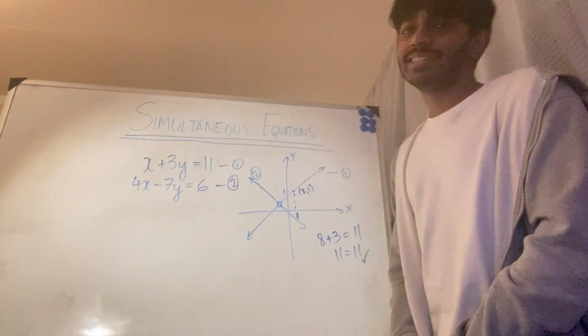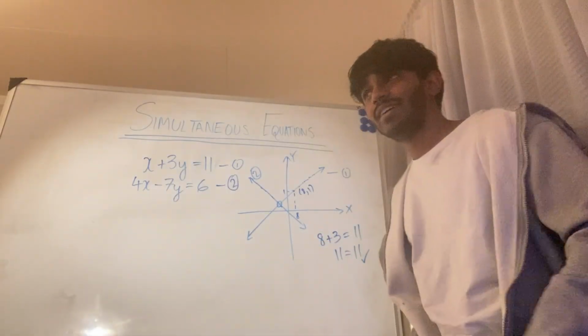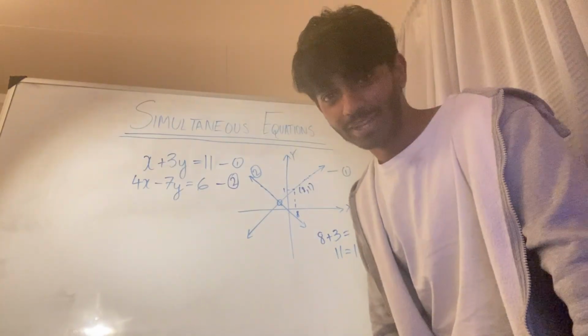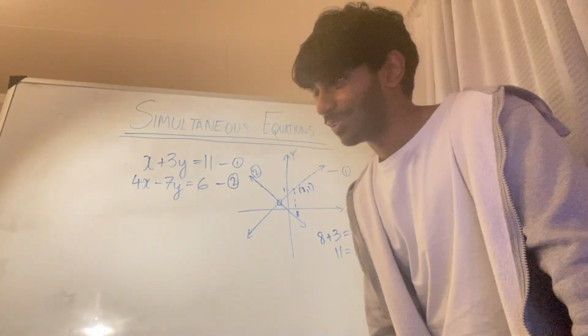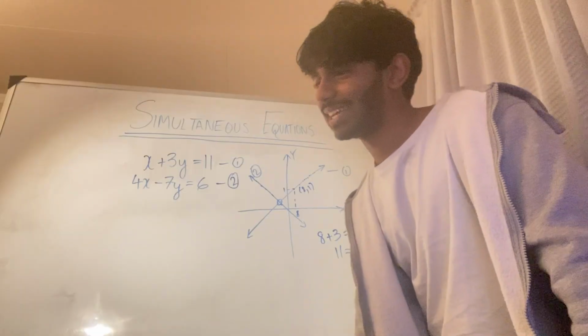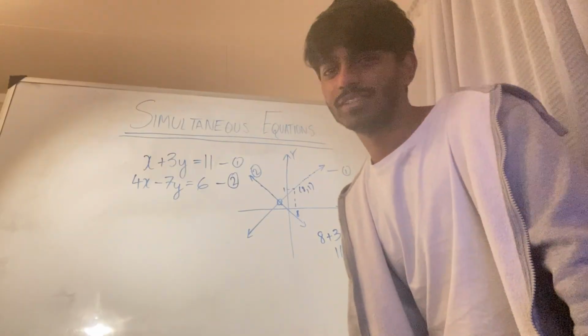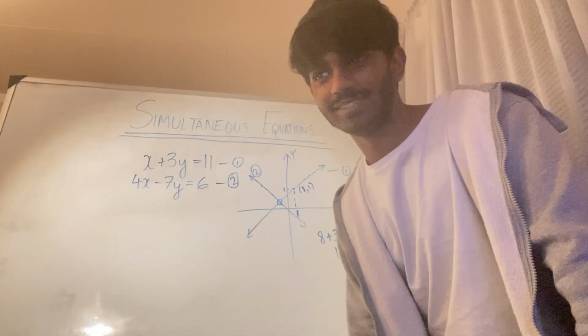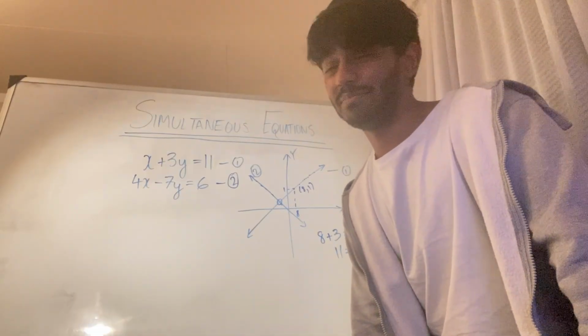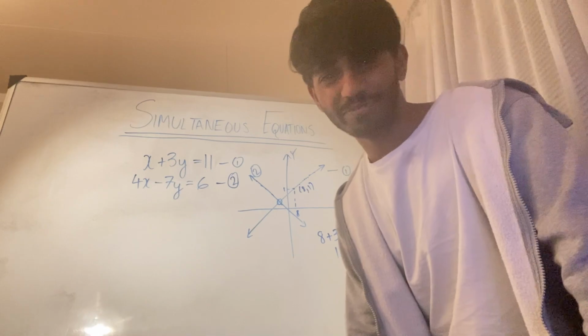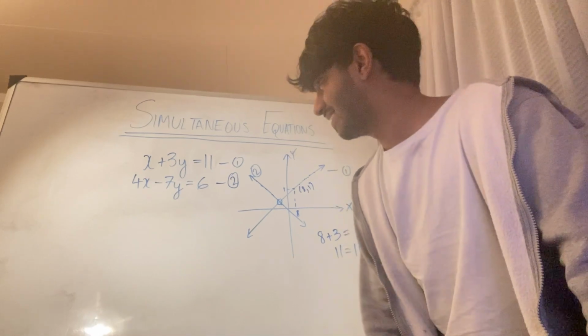Now, you might be sitting down and thinking, hey Shriy, where the hell am I going to use this in real life? You might not, but maybe you might get a puzzle. Maybe someone says 3 apples plus 2 bananas equals $14, and 2 apples plus 10 bananas equals 25. Find the value of an apple and a banana.